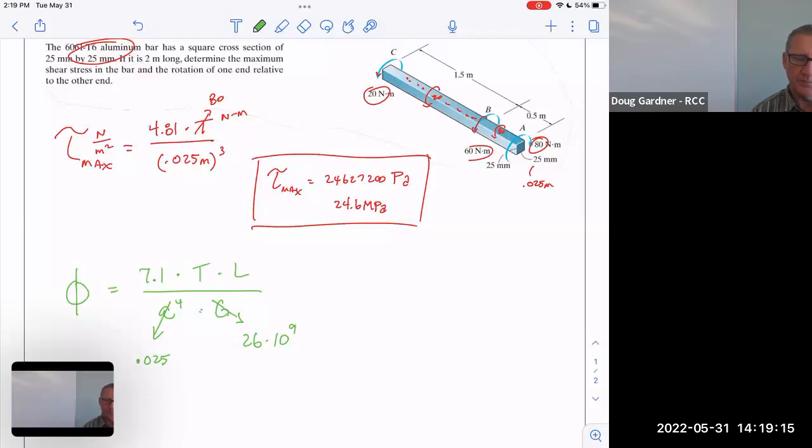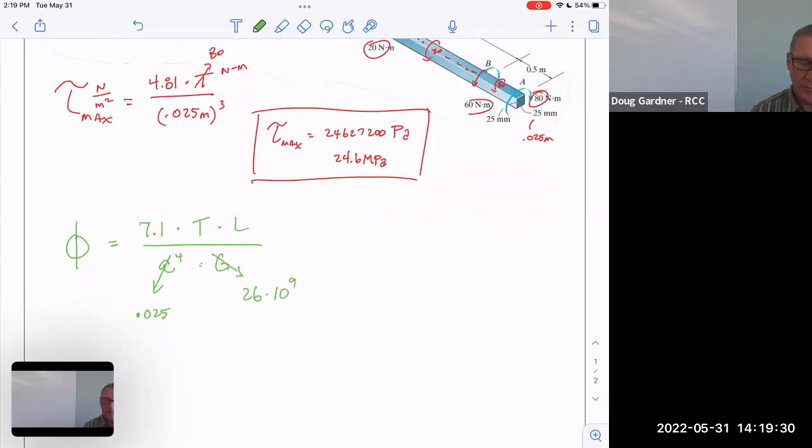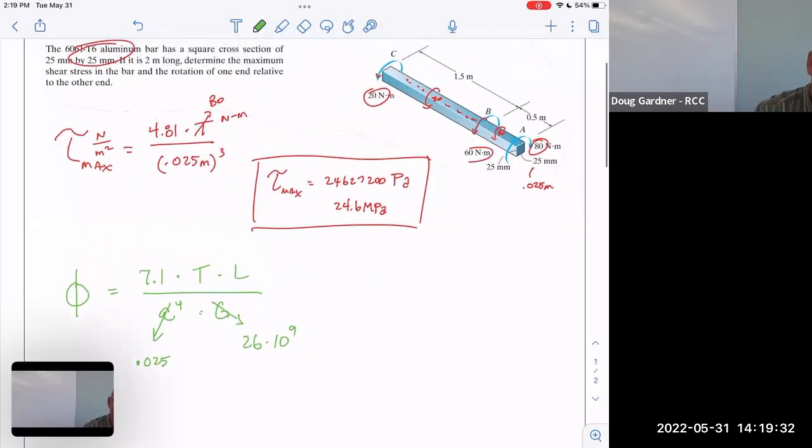So that's the maximum. I sort of purposely made this a little confusing because of the way that I said it, just to make you think. But the answer to this is you need the total twist. In other words, this is the twist from A to C, which means you have 2 problems here.